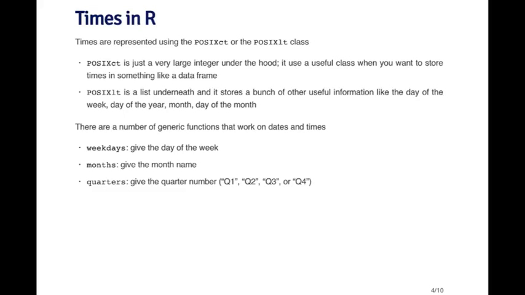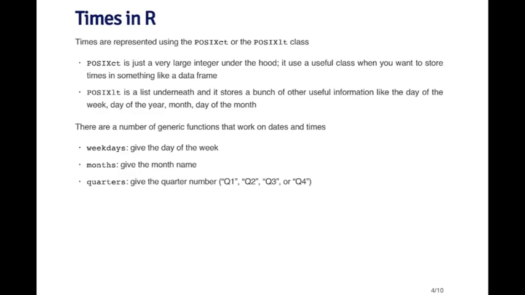There are a number of generic functions that operate on both dates and times that you can use, such as the weekdays function, which tells you what day of the week a given time or a given day is. The months function tells you what month that date or time is, and the quarters function gives you the quarter number. So, for example, Q1 would be January through March, Q2 would be April through June, and so on.